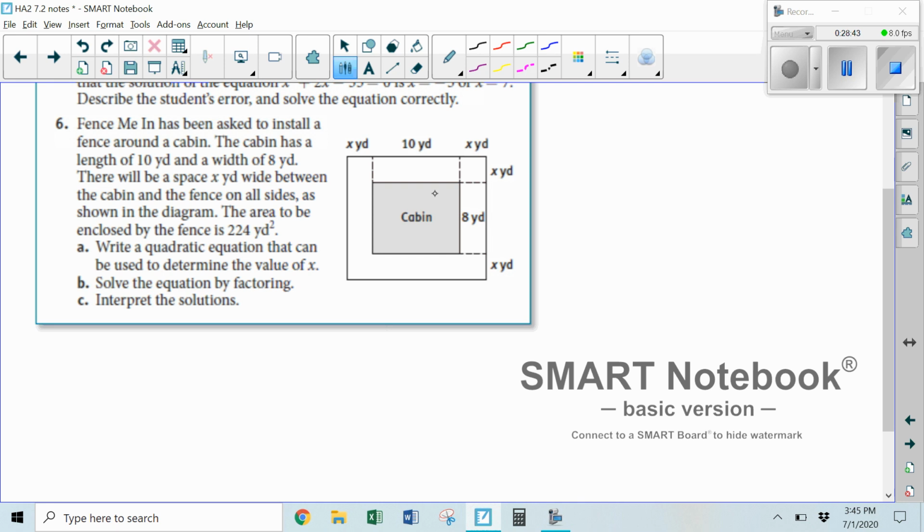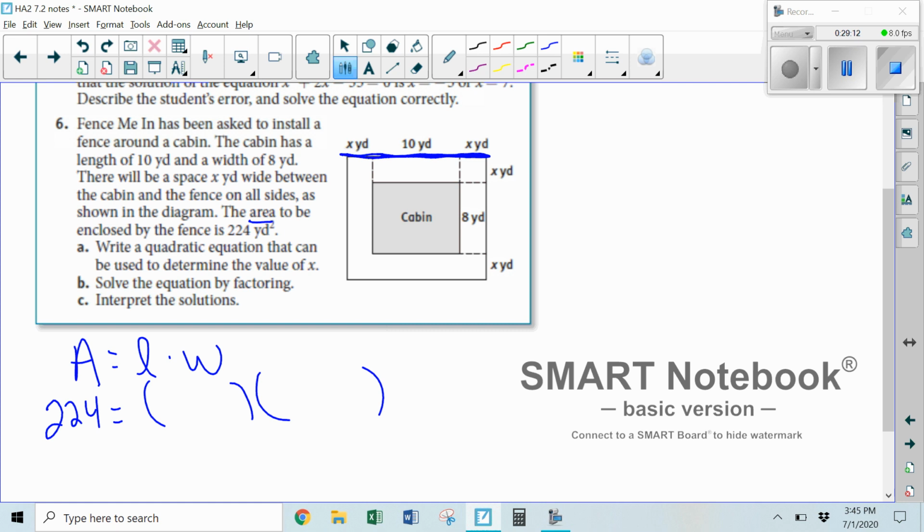We have a rectangle, we have the area. So again, let's write down area equals length times width. I always like to start with what makes sense to me. This makes sense: if it's a rectangle, the area is length times width. For area, I know that's 224. And again, I don't want 2 different variables here. So let's call this the length.